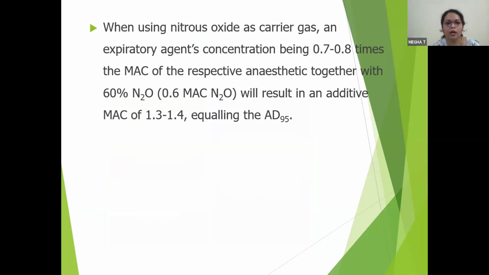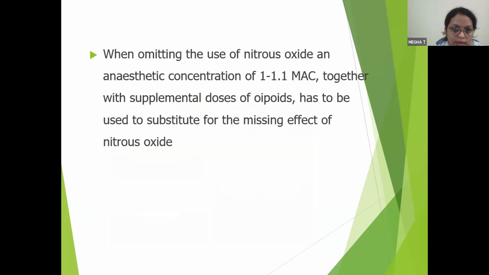As I showed earlier, the expiratory concentration of the volatile anesthetic resulted in a MAC of 0.8. But because we are using nitrous, it resulted in approximately 1.3 MAC, which is AD95. But when we don't use nitrous oxide, an anesthetic concentration of 1 to 1.3 MAC is required, and a supplemental dose of opiates has to be given just to compensate for the missing effect of the nitrous oxide.